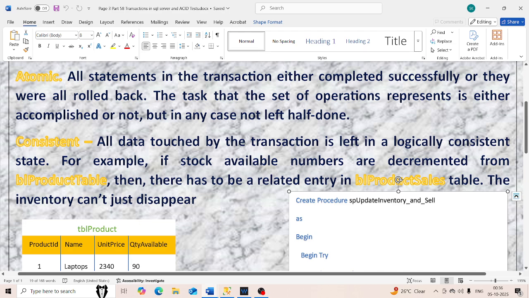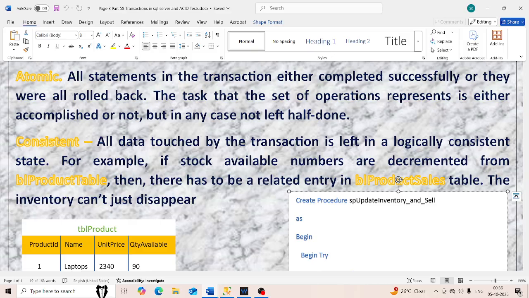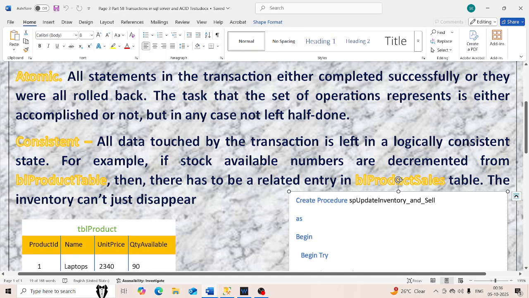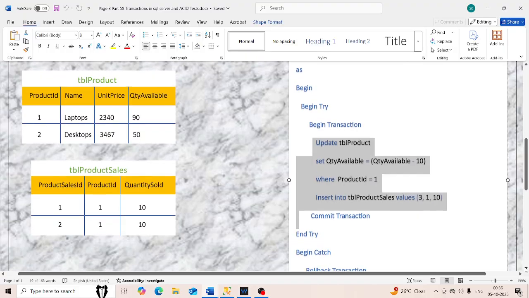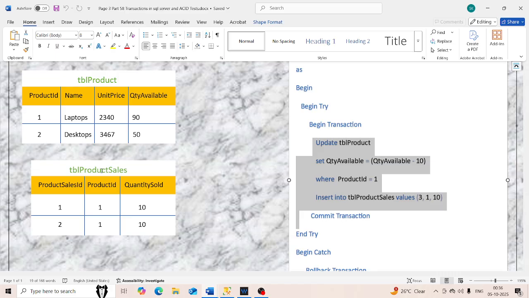For example, if stock available numbers are decremented from the tblProduct table, then there has to be an associated entry in the tblProductSales table. Inventory can't just disappear.